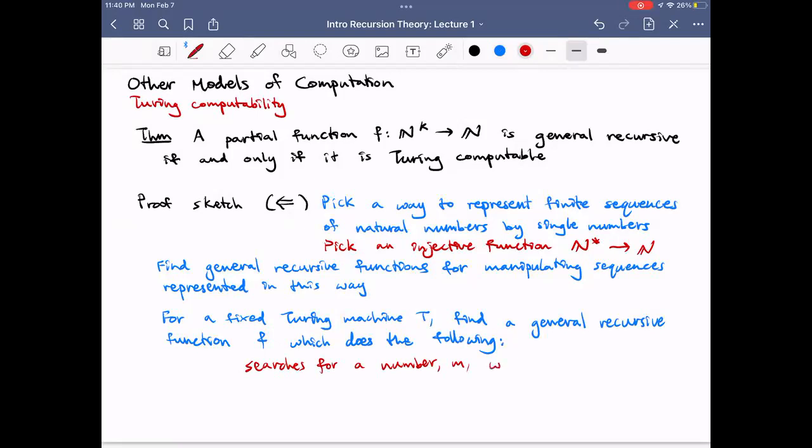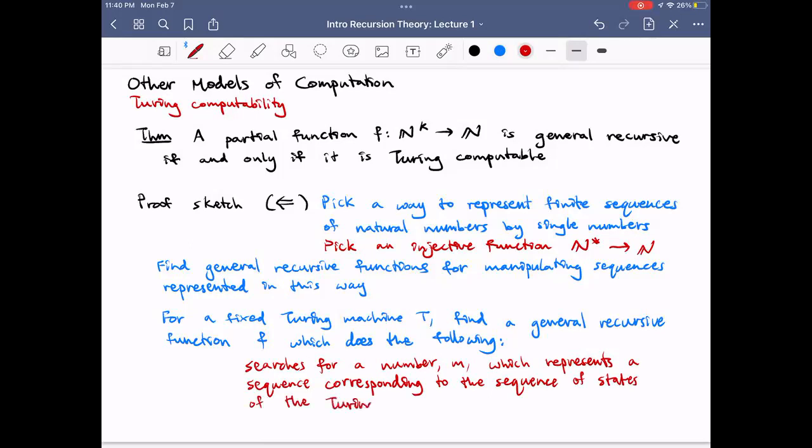So it searches for a number M which represents a sequence corresponding to the sequence of states of the Turing machine T. Each element of the sequence will correspond to actually another sequence, which encodes both the current memory state of the Turing machine and enough of the tape to check the entire operation.